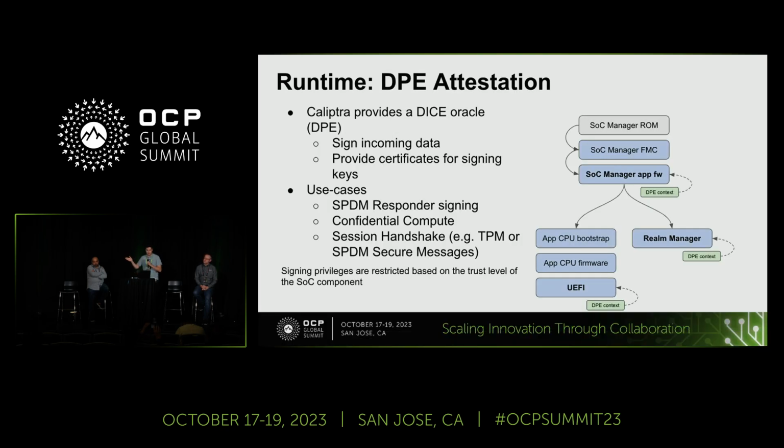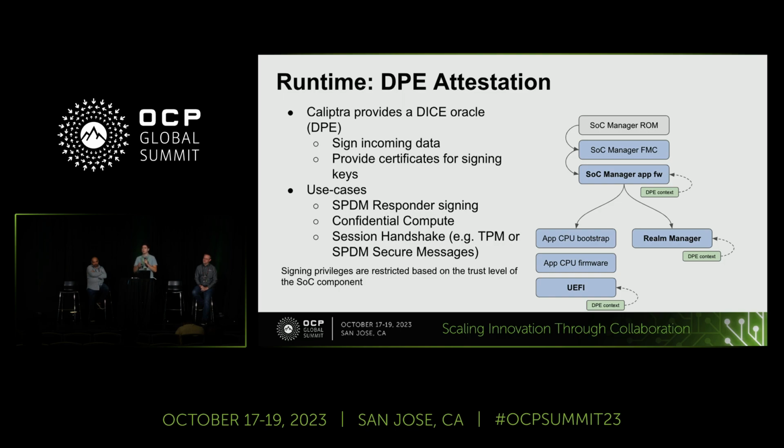You may recognize this diagram from Andres' talk, which we both stole from Jeff, so thank you, Jeff. As Andres described, we can build a DICE tree of various measurements throughout the SoC.